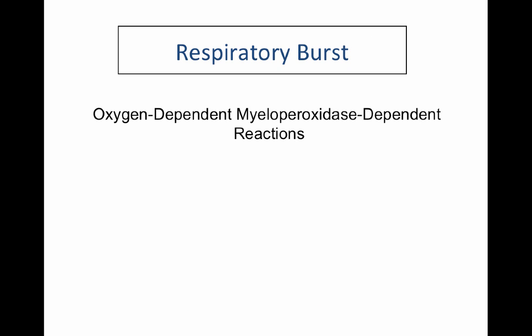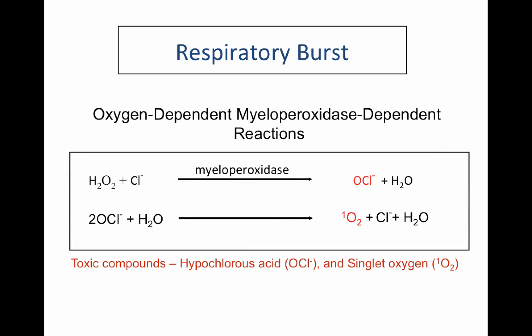Respiratory burst also includes oxygen-dependent myeloperoxidase-dependent reactions. For example, hydrogen peroxide can react with chlorine mediated by myeloperoxidase to produce hypochlorous acid and water. This hypochlorous acid can further react with water to generate singlet oxygen, chlorine, and water.